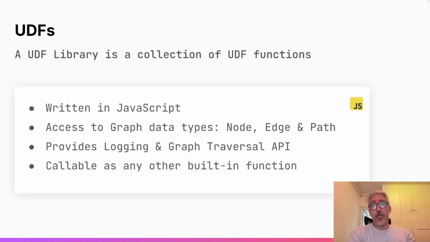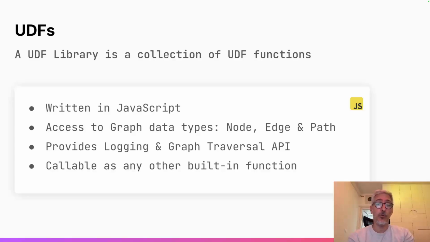In FalkorDB, we've decided to go with JavaScript as our engine and programming language for our UDFs. Within a user-defined function, you have access to every single data type that FalkorDB supports.